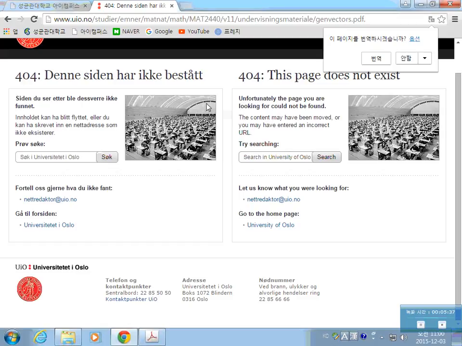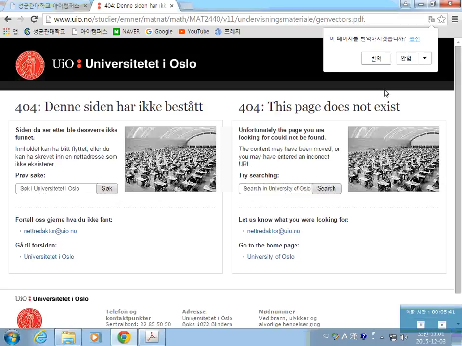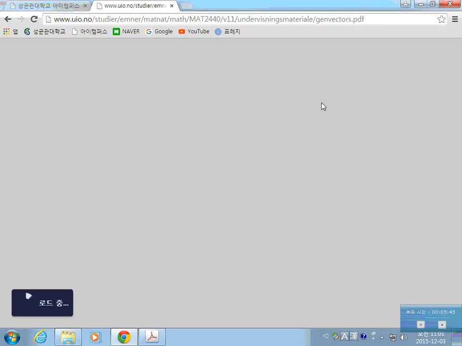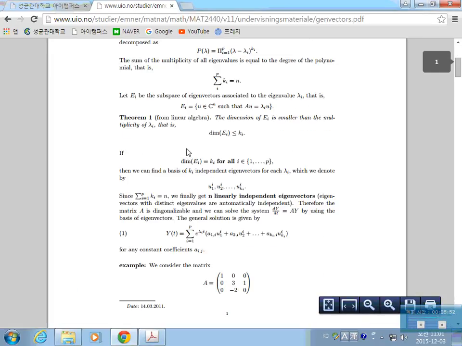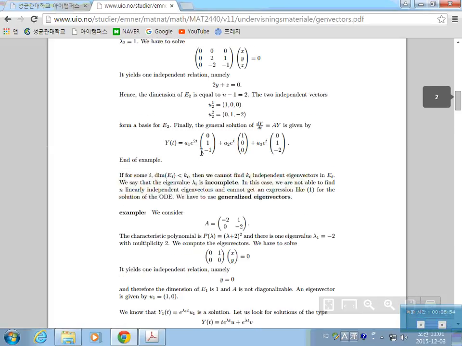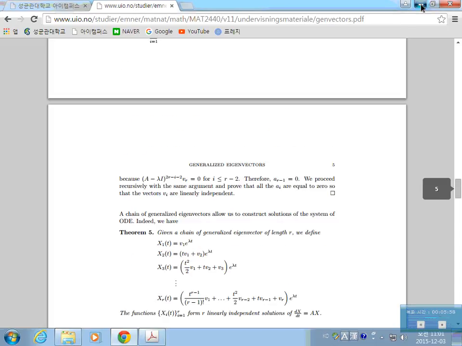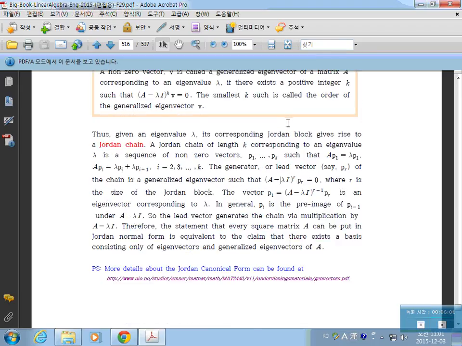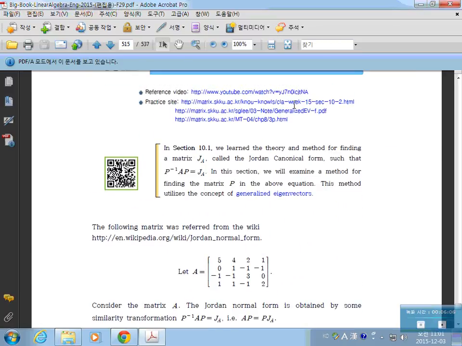Here, in the PDF, you will be able to find many details on the generalized eigenvectors. These are lecture notes which are well organized in English. So you will see what I said to you here. And the extra information can be found here, for example, here.